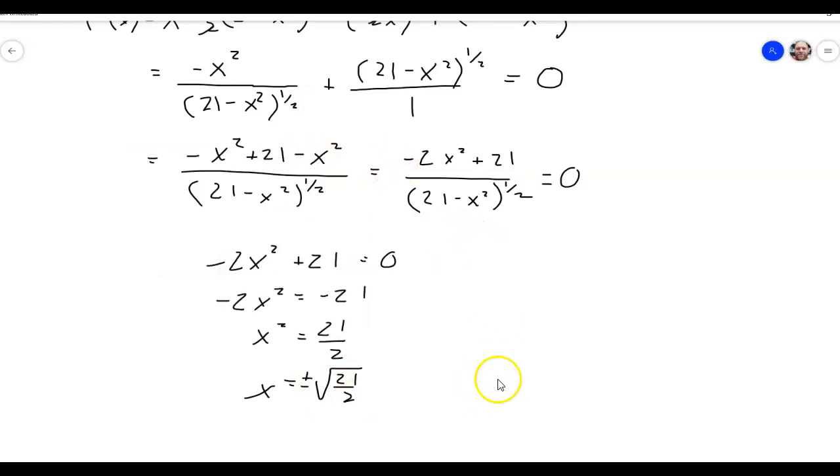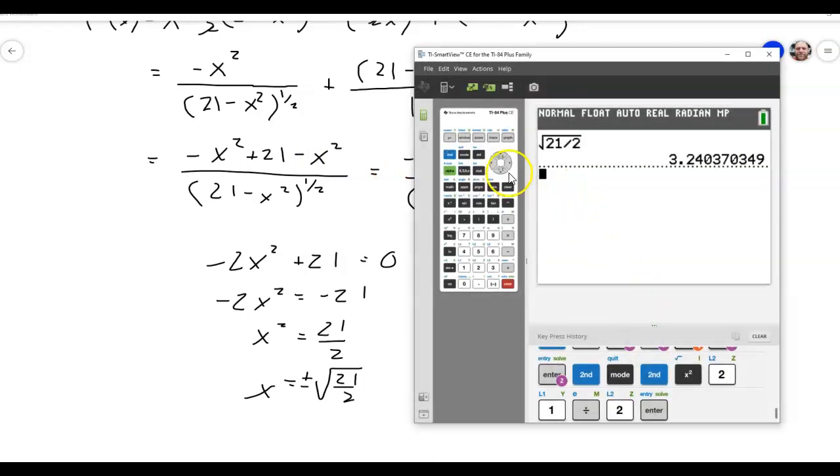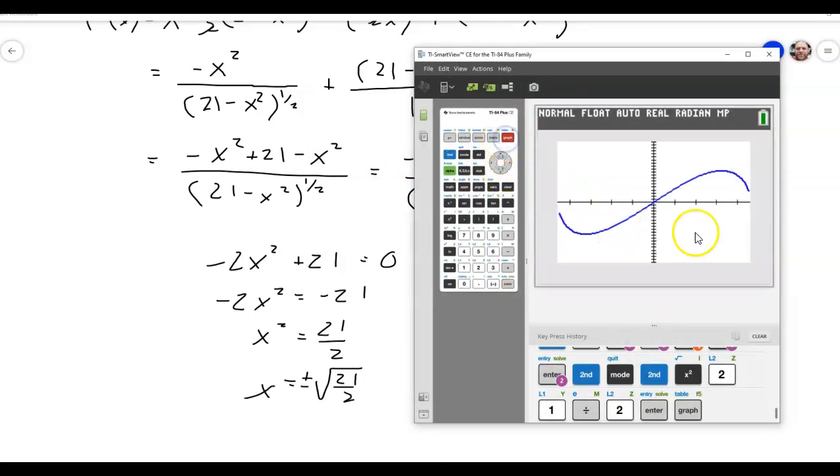So what does that mean? That means that we're going to have a maximum value, and let me go back to my graph here, at x equals the positive square root of 21 over 2, and y equals 10.5. We're going to have an absolute minimum value on this interval where x is equal to negative square root of 21 over 2, and y is going to equal negative 10.5.